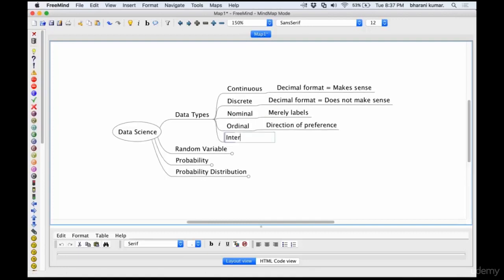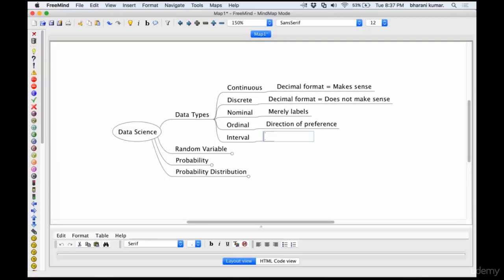And then we have discussed interval data. Interval data would also capture the magnitude of the preference. Probably on a scale of 1 to 10, you would give a rating of 7 to Coke as opposed to giving 4 to Pepsi. That's interval data.